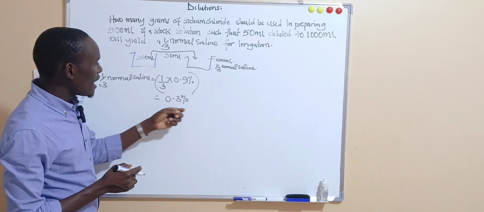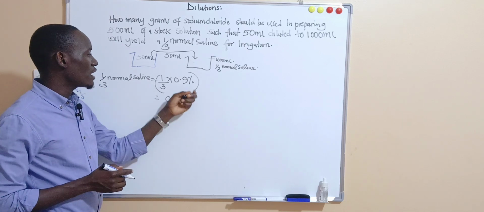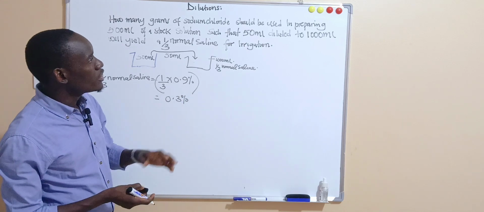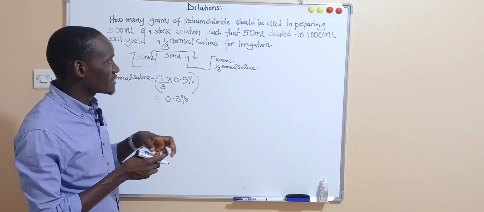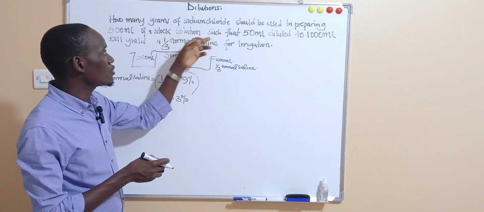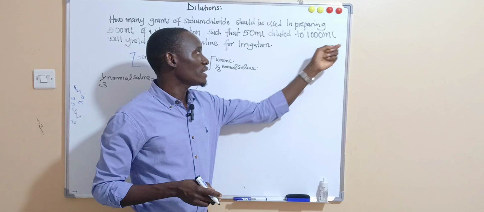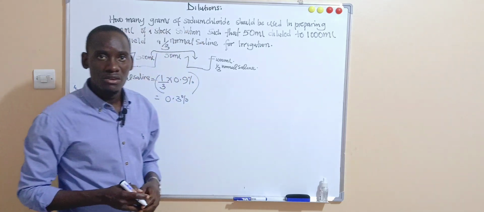So now, after obtaining the concentration of the diluted solution, we are going to obtain the mass or the amount of sodium chloride in 1000 mils of the diluted solution.